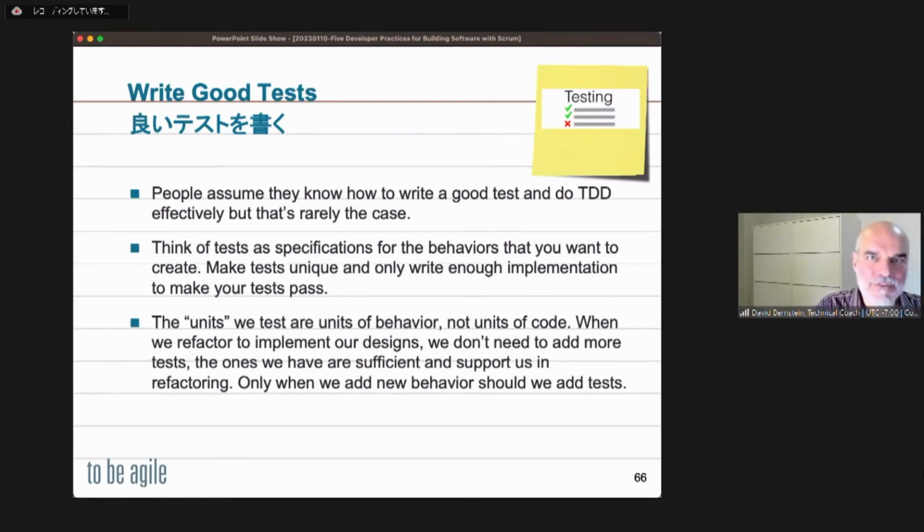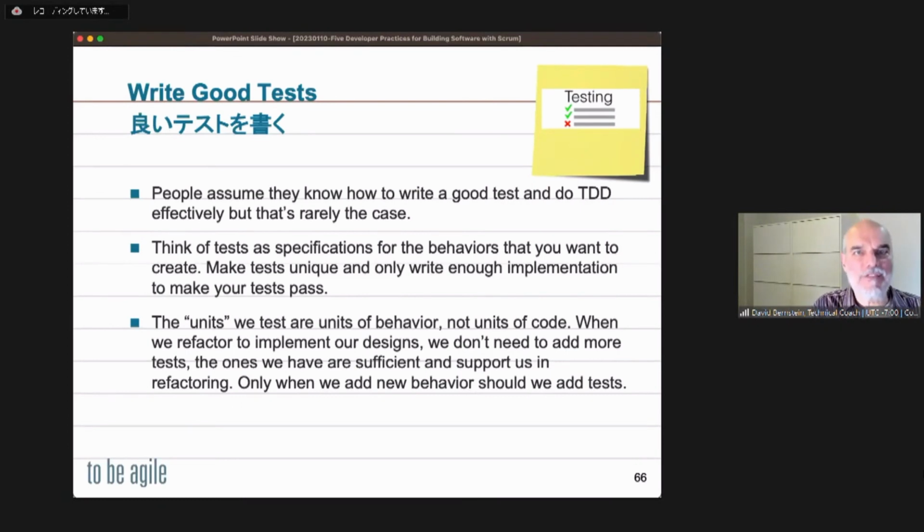It always fails for the reason you intended it to. It never fails for any other reason. And there should be no test in the system that fails for this same reason. In other words, a good test is unique and tests behavior, not the way we implement the behavior.